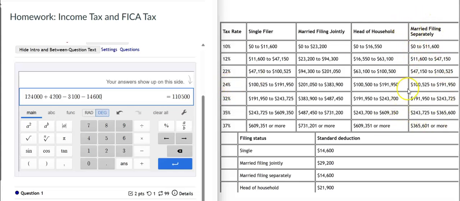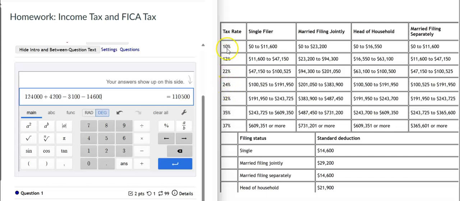We use this last column here. His taxable income belongs to this row here, because $110,500 falls between these two numbers. So he is in the 24% tax bracket. That's what we call Juan Martin's taxable income belonging to the 24% tax bracket.